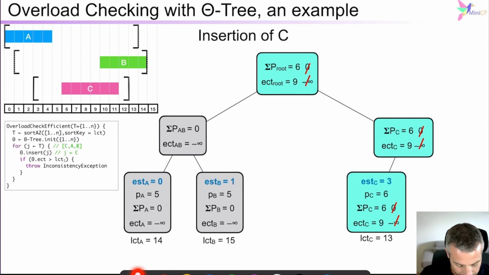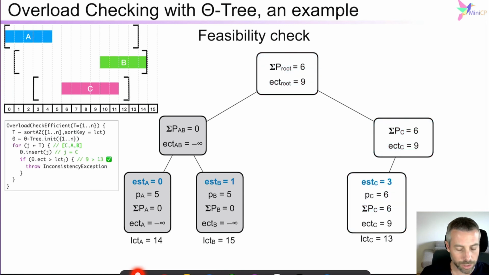We do now the verification that the earliest completion time, which means 9, is not larger than the latest completion time of the activity J. Activity J is activity C, so it means the check will be, is 9 larger than 13? That's the check. Okay, it's not the case, so we should not detect any failure at this point.